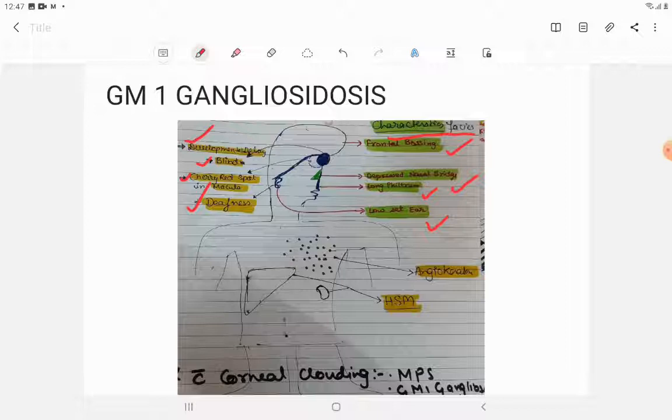So basically there are three things involved: brain, eyes (blindness and the cherry red spot), and ears (deafness). So head, eyes and ears, these three are involved. On the skin we can find angiokeratomas, and the internal organs involved are the liver and the spleen, so we can find hepatosplenomegaly.